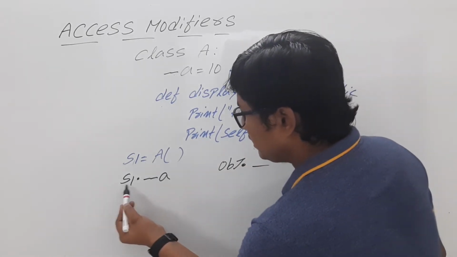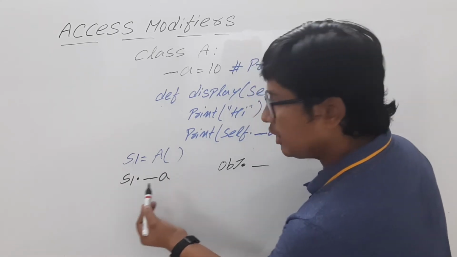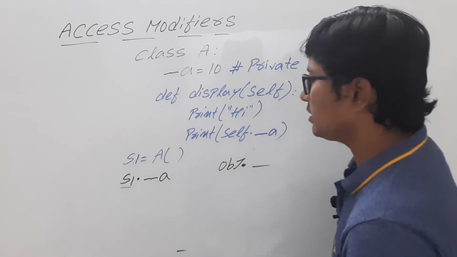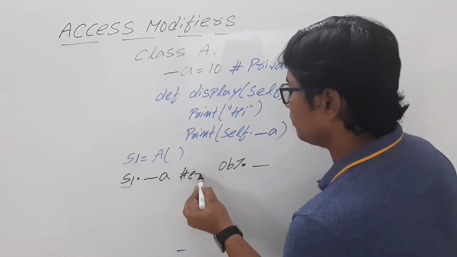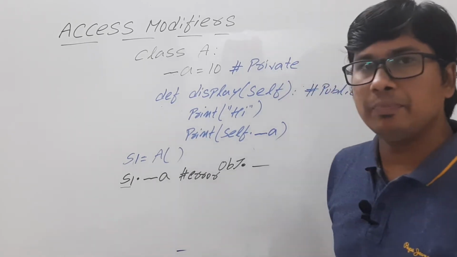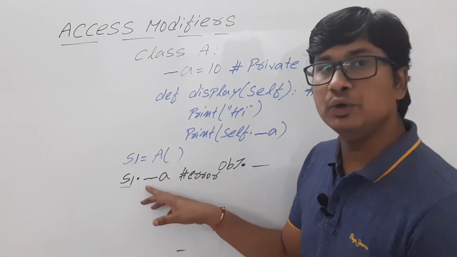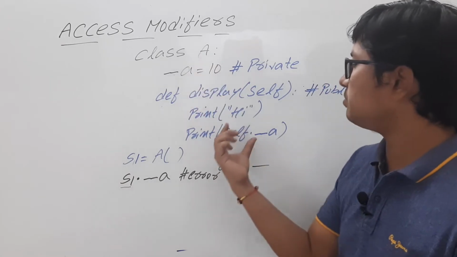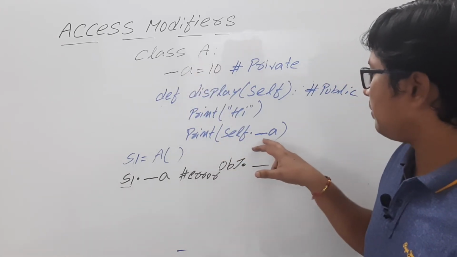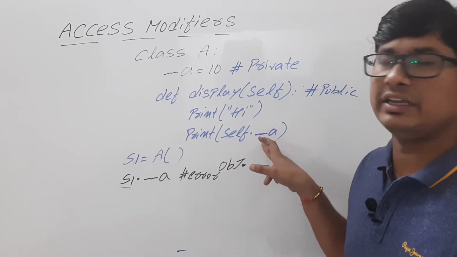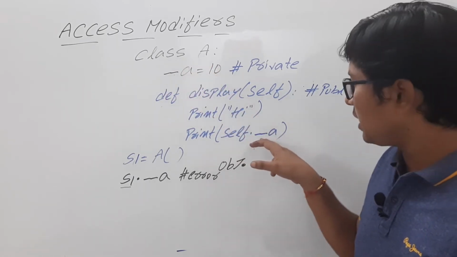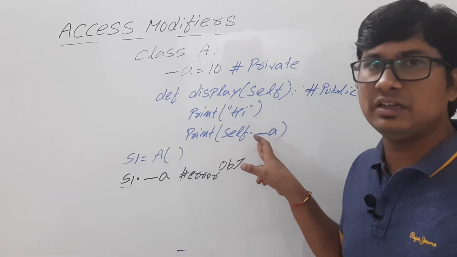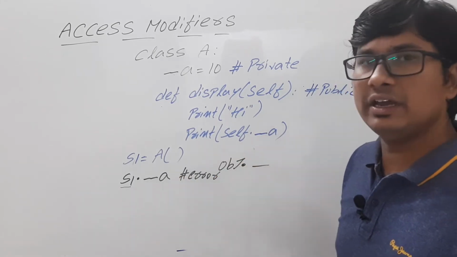But if I try to access the private variable like this with the help of an object, then it will give an error. The meaning here is that private members you cannot access outside the class. You can access them inside the class. That's why, see, I am accessing it here and this will not create any error. The private variable you can access inside a class, but outside the class you cannot access. There are some restrictions, so this will create an error.